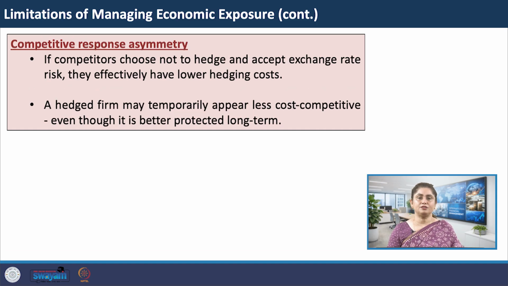If your competitors choose not to hedge economic exposure and accept the exchange rate volatility in exchange for lowering operating cost, they may appear cost competitive in the short run as there is no hedging cost. A competitor that does not invest in building a multi country supplier relationship might be saving a huge amount in supplier management cost.